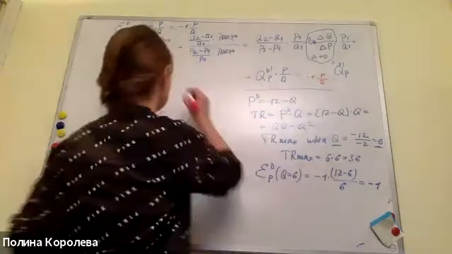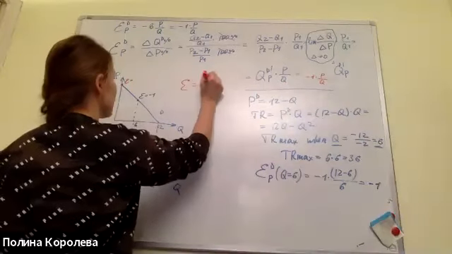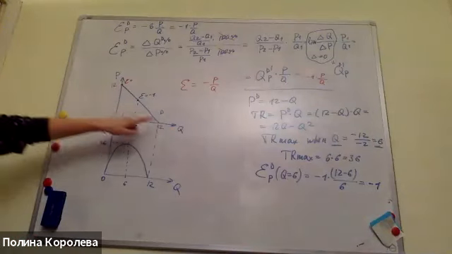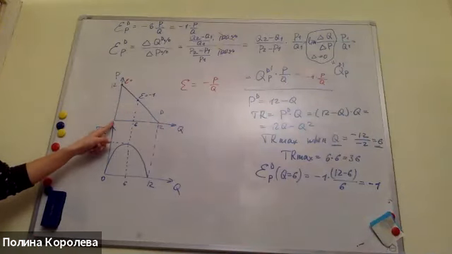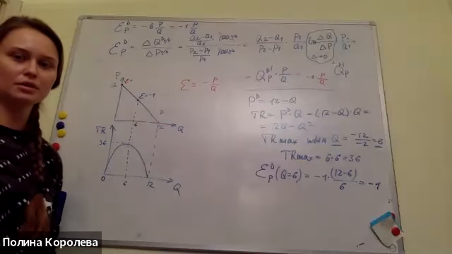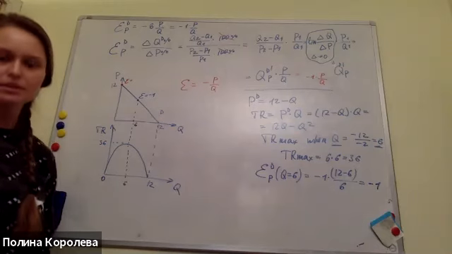This is our formula once more: elasticity equals minus price over quantity. Quantity at this point is 0, price is 12. Minus 12 over 0 doesn't exist. It's minus infinity.